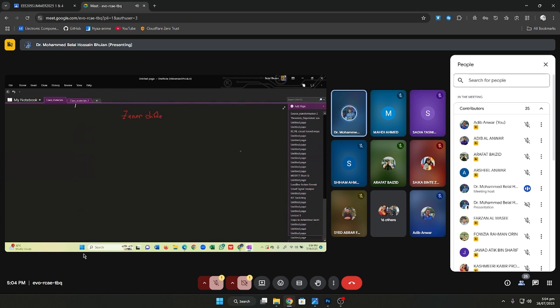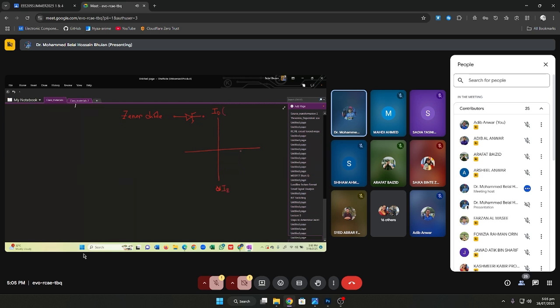The symbol for the Zener diode looks like this. The Zener diode is a very special type of diode. When it is forward biased, it behaves like a normal diode. That means I'm going to draw the IV characteristics, ID or IZ here.